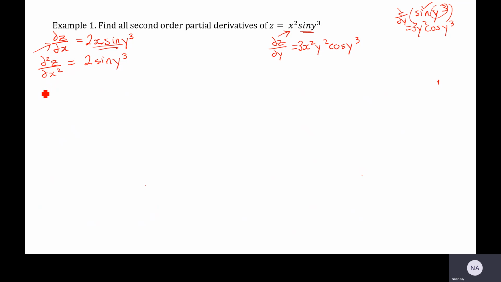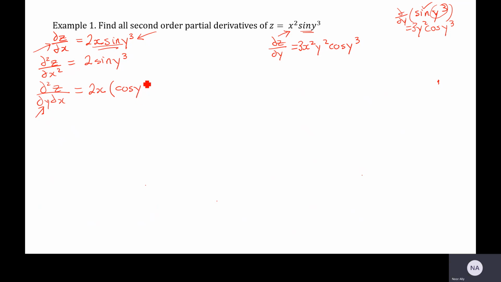Now, the mixed order partial derivative d2z partial dy dx means I must look at this answer, but differentiate with respect to y. So 2x is the constant. Now differentiate sine y cubed with respect to y. First the sine, so it's cos.